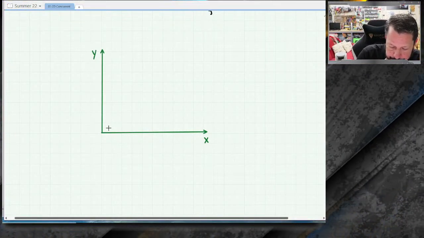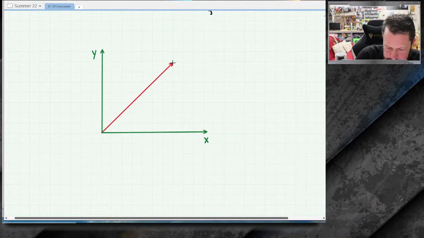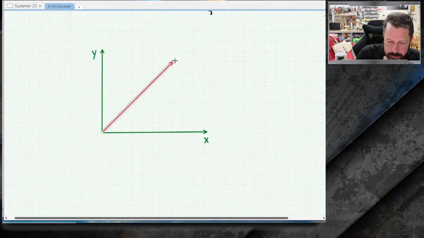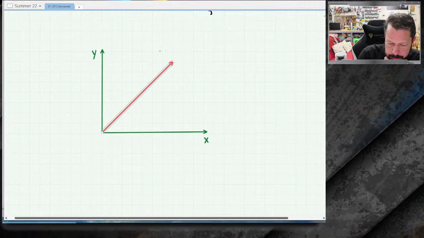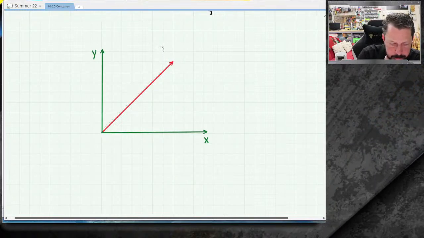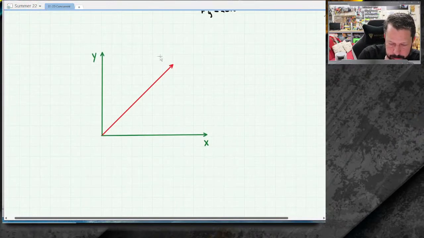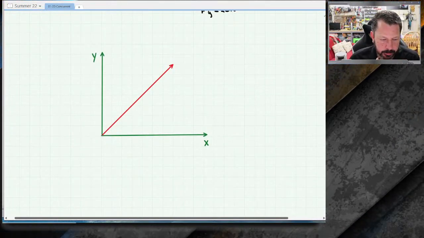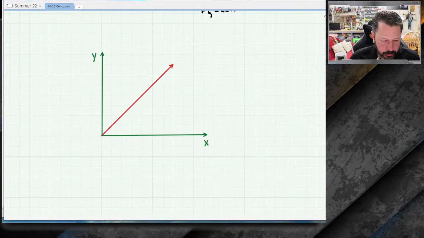Let's try to do a 45-degree angle here, and let's make that one 20. Oh, got stuck on the lasso tool.